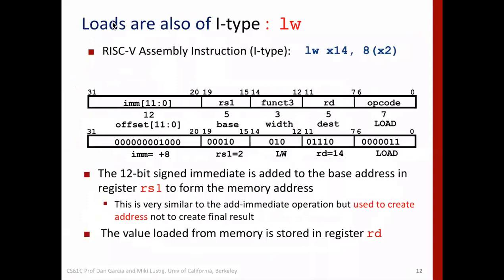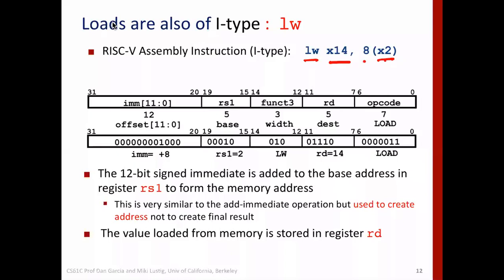Okay, note that load word is an I type of instruction. The format is as follows. Load word: load to register X14, from memory whose location is given by the contents of X2 added with 8.